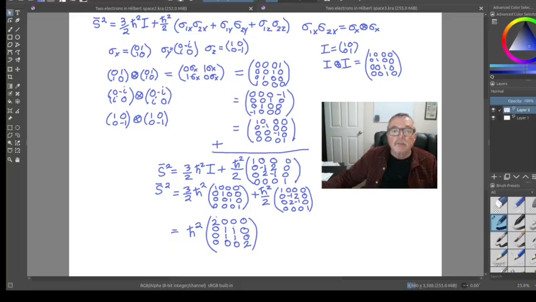Okay, I promised you matrices, and here they are. Let's start up in this direction with, this is where we left off from the last page. And what we're going to do now is work on what's inside here.